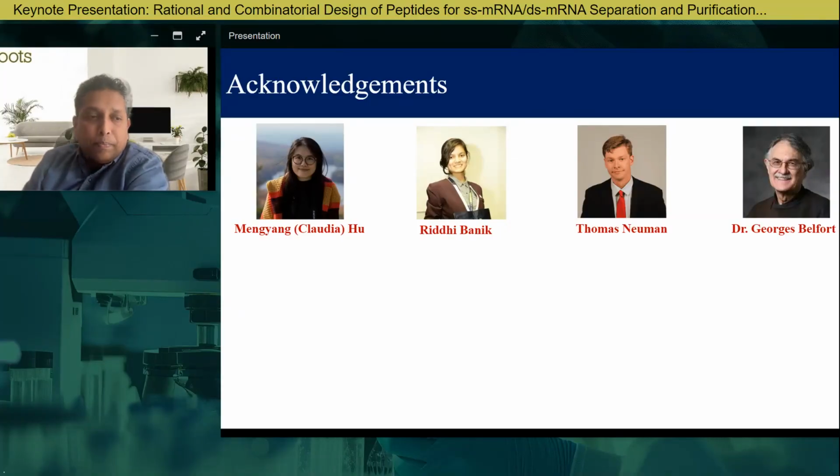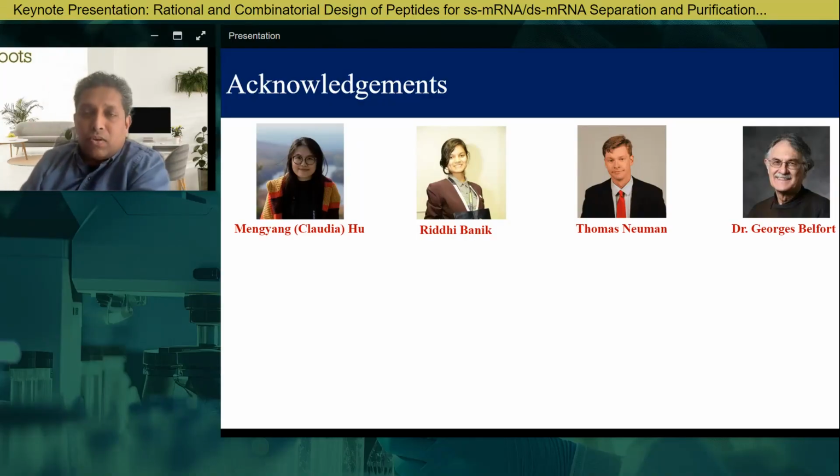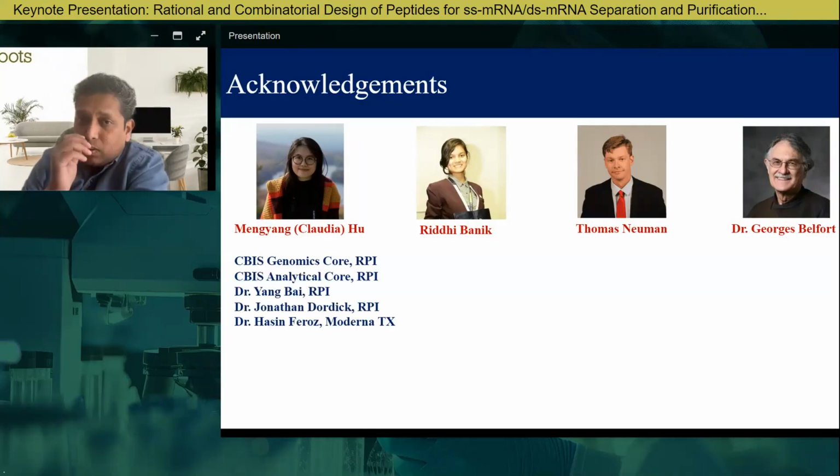This has been a great collaboration where we do the discoveries, we identify the molecules, the peptides, but then we combine it with the right kind of membrane supports to integrate it all in a single module that's relevant for a downstream separation process. Of course, there are other folks who helped us.